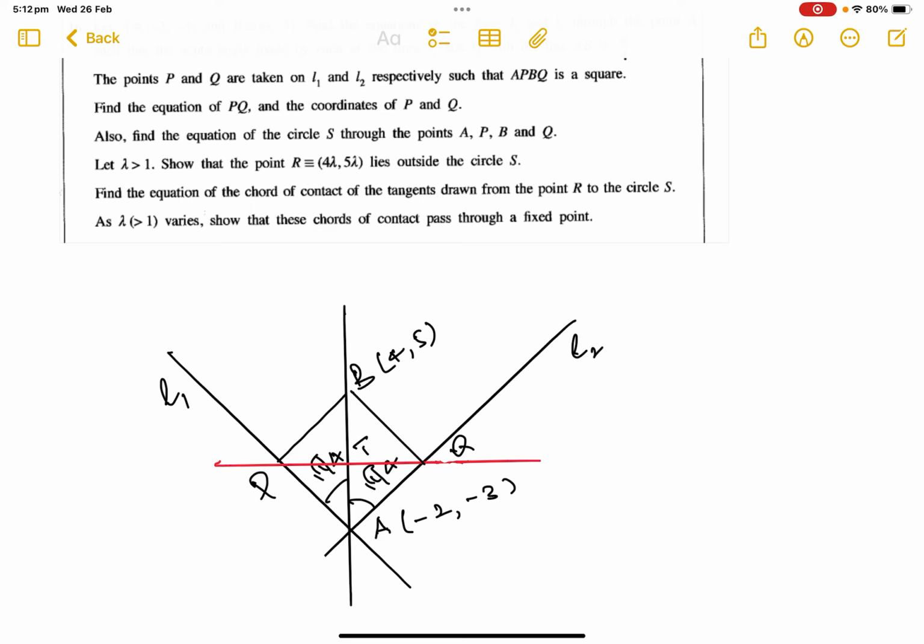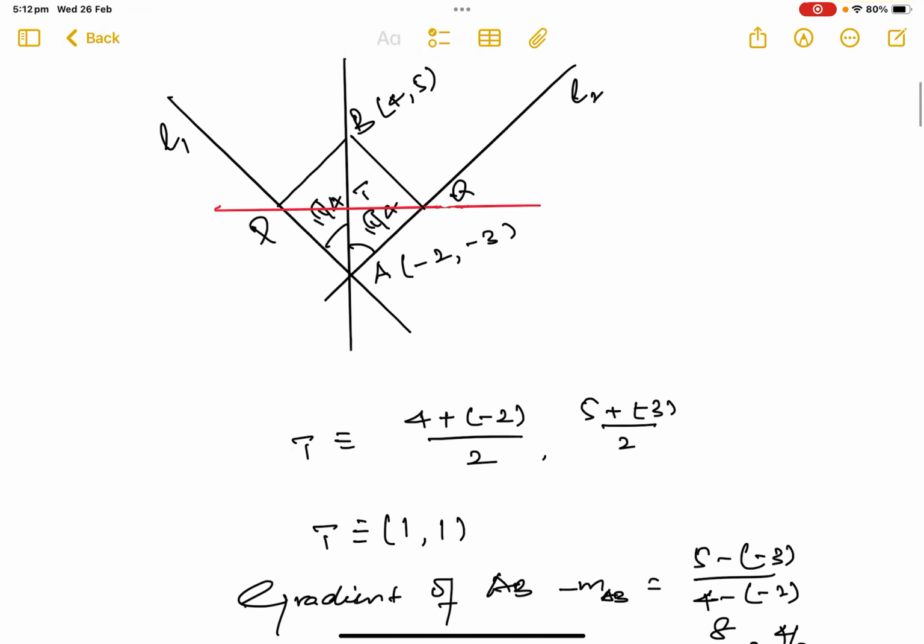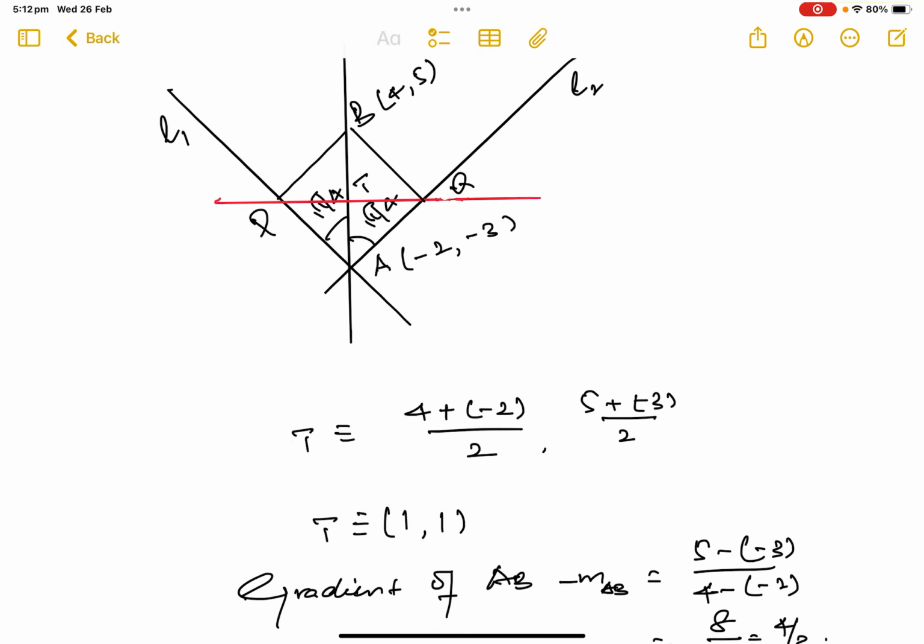So all we want to know is that AB is a line perpendicular to PQ. To start with, we can find the equation of PQ. All right. Before that, T is the midpoint, of course, where AB and PQ cut. We can find it because the AB coordinates are given.